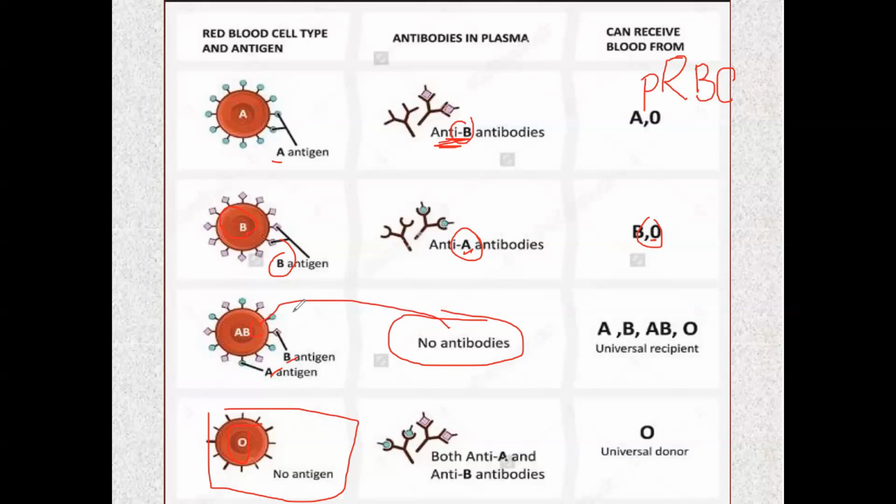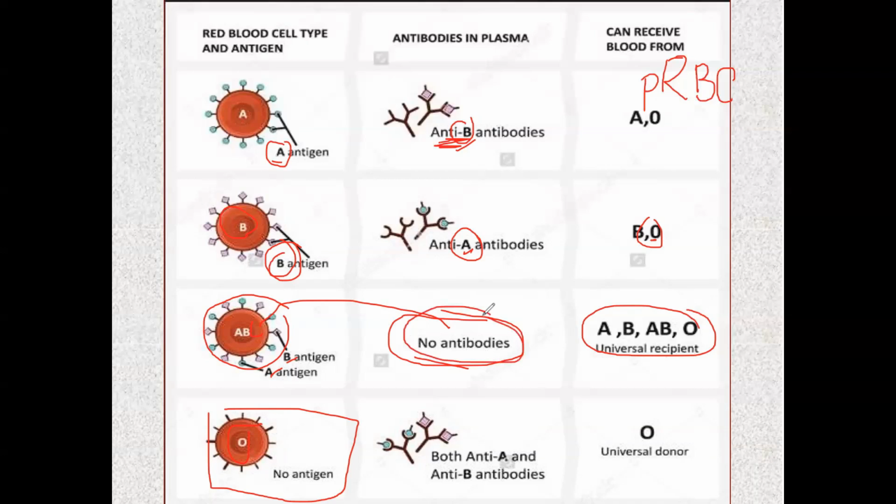So that's why si AB patient, ang tawag sa kanya is universal recipient. Meaning, this patient can receive several blood types. Okay? It can receive A, B, AB, and O. Bakit? Kasi wala namang antibodies. Kahit mag-transfuse ka dyan ng B, mag-transfuse ka dyan ng A, okay? Wala siyang ibabind kasi walang present na antibodies.